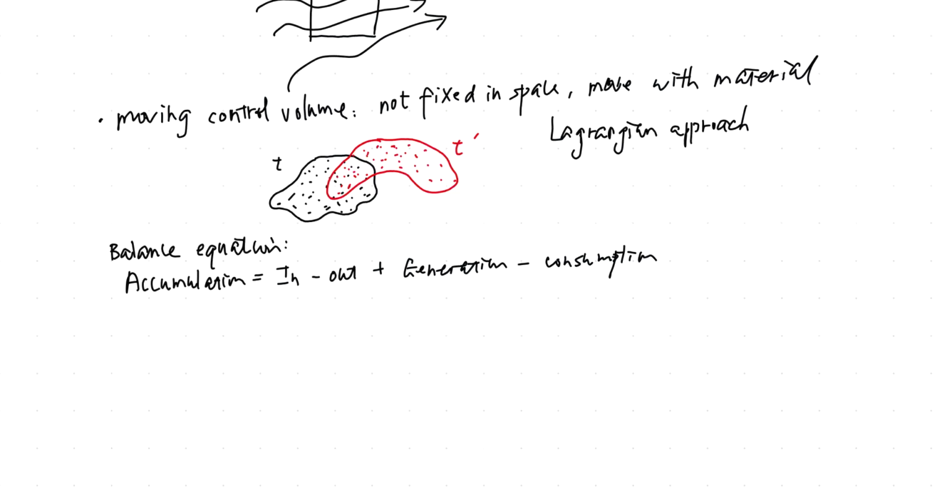So in and out means all the terms across the control surface. And then generation and consumption refer to the mechanisms that happen within the control volume.